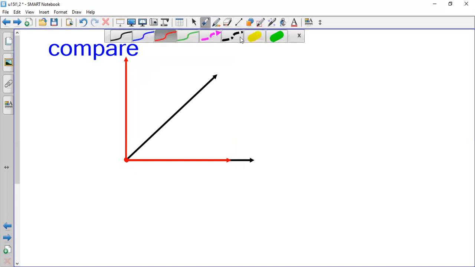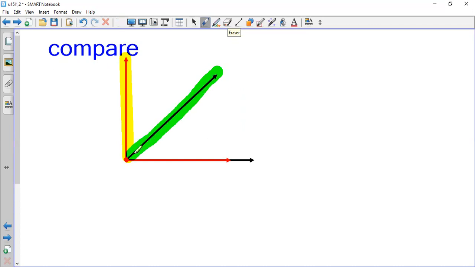Here we can see that this is the other side of the right angle, and this is the side of the angle that I'm comparing. So there is a difference here. I can say that this angle is smaller than the right angle.